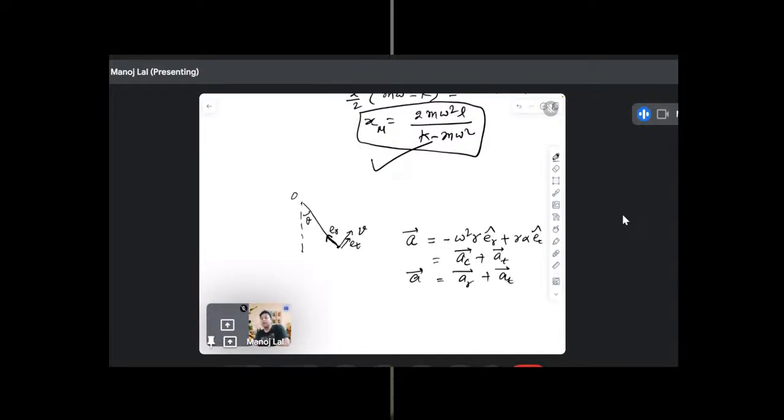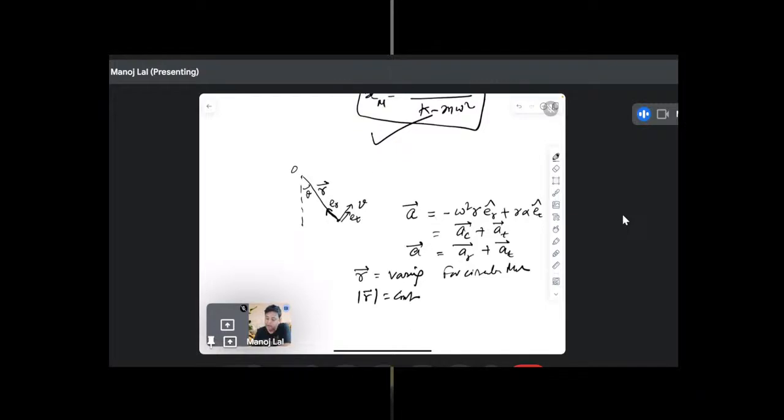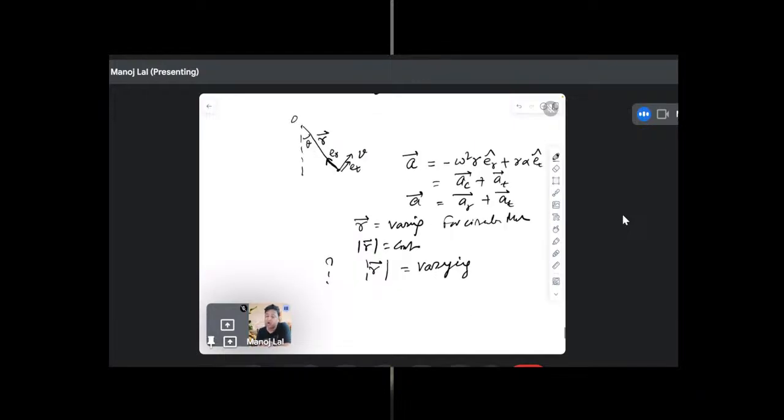But what happens if this R vector is changing, right? The R vector is varying for circular motion, but mod R is constant. What will happen if mod R also changes? That is what is happening here with respect to the ground frame.